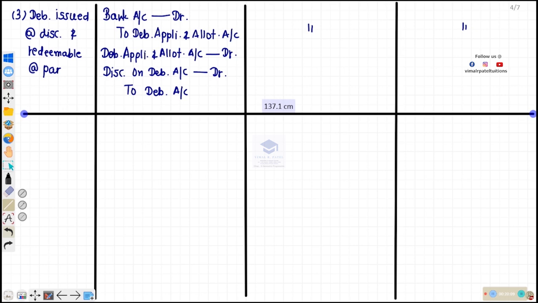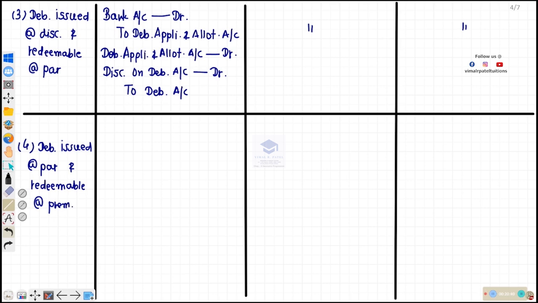Now debenture issued at par and redeemable at premium.